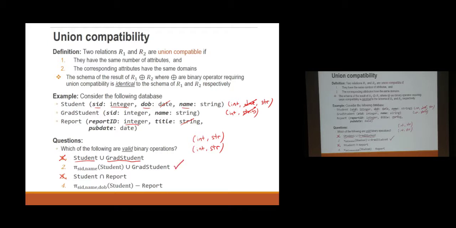Now the last one is where I say that the projection can be used as a reordering. Here you have SID, name, and date of birth. So SID is an integer, name is a string, date of birth is a date. And if you look at report, report is integer, string, and date. Okay, so they are union compatible.